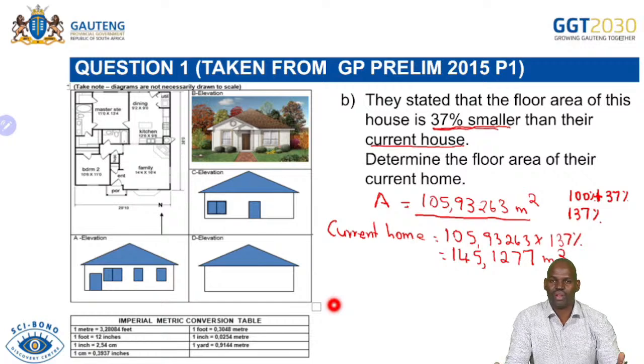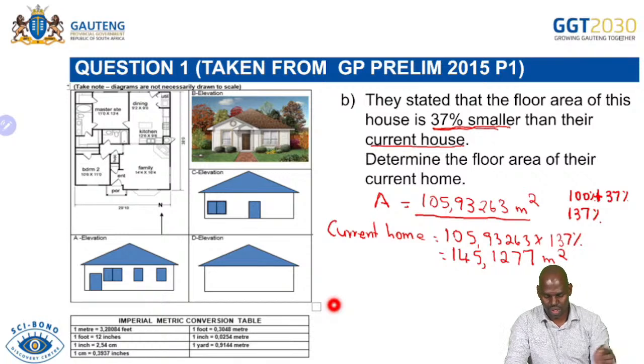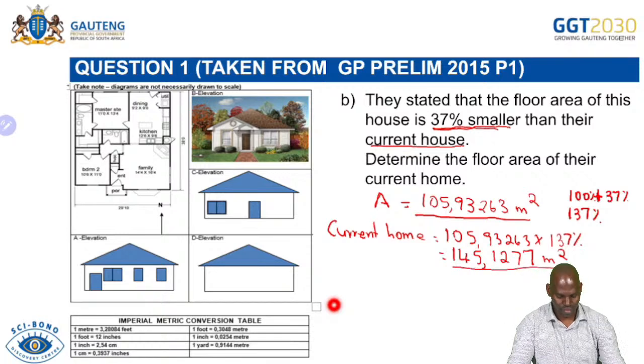So of course their current home has got a bigger floor area. Their new one will be smaller by 37%. So that is the answer for question 1B.